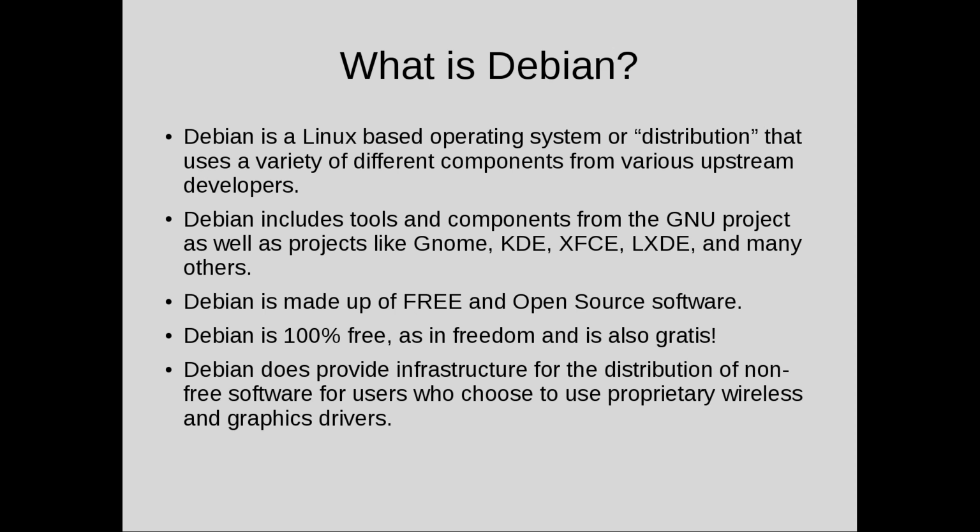So there's that. Debian does provide infrastructure for the distribution of non-free software for users who choose to use proprietary wireless and graphics drivers. So if you have some hardware that is not compatible with all free and open source drivers, you can absolutely install proprietary components direct from their various manufacturers. That is not forbidden in Debian.